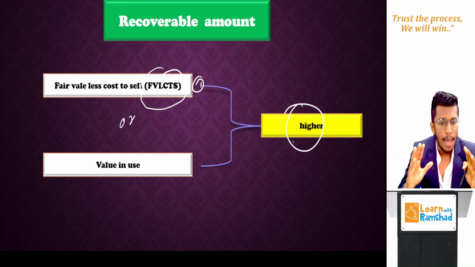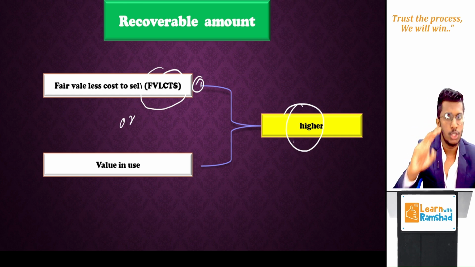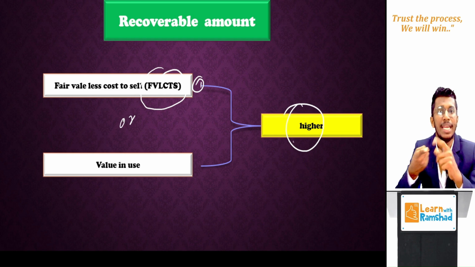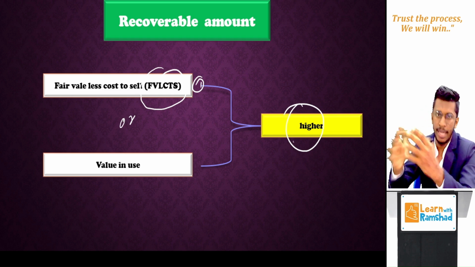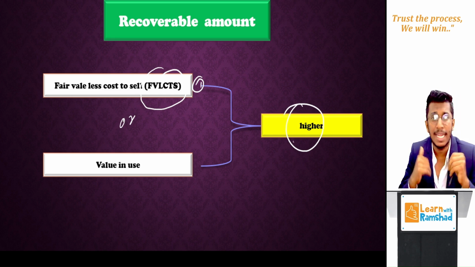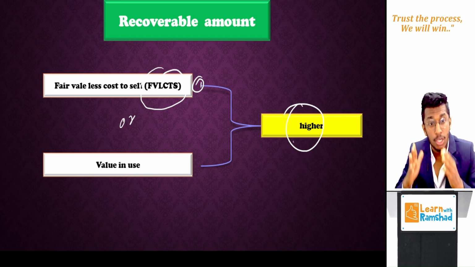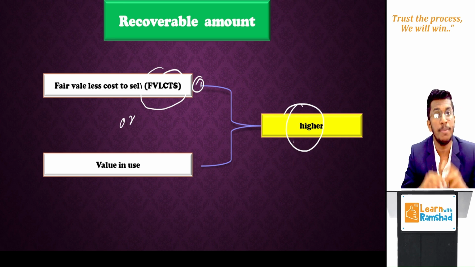You have a fixed asset, and with that fixed asset you have a choice. Either you sell it now, you are not using it anymore, or you have the second choice: we are not selling it now, we use it for the remaining useful life. These are the two choices every businessman has with that fixed asset.